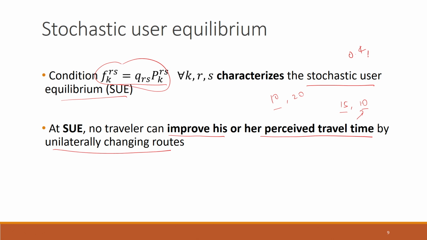Automatically, the probability that the second path is perceived to have lower travel time is 1 minus 0.4, equal to 0.6. So if 1000 people want to go from this origin R to destination S and have the choice of these two paths, approximately 400 people will choose the first path and 600 people will choose the second path.